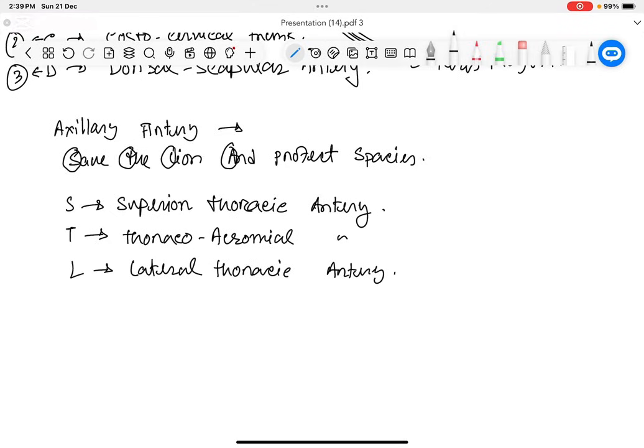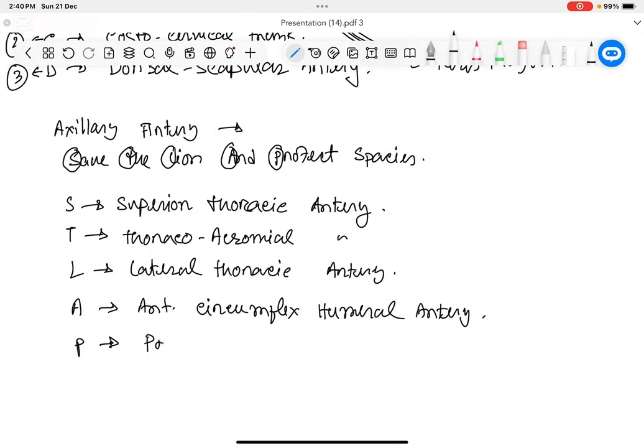Then A for anterior circumflex humeral artery. P for posterior circumflex humeral artery. And the last one, S for subscapular artery.